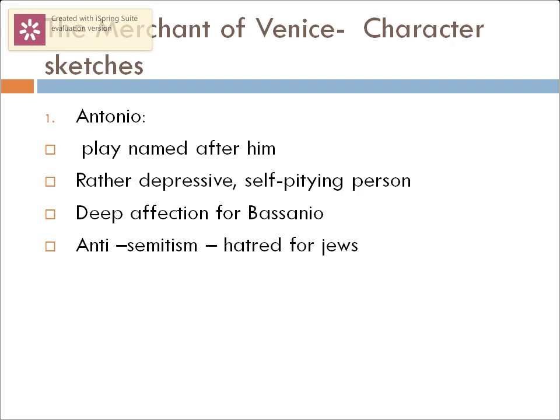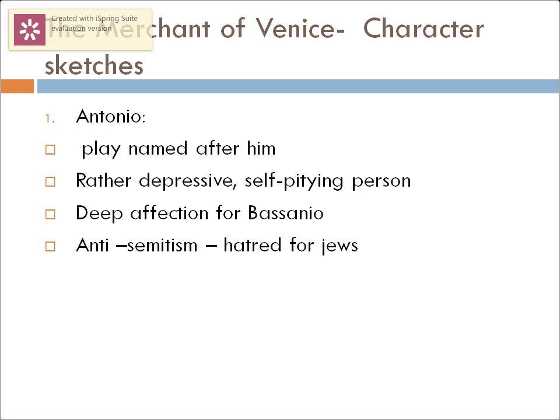Now, let us look at the main characters in the play. Now we find Antonio. Even the play is named after him. The play is called Merchant of Venice. But he seems to be a rather depressive, self-pitying person. He's always melancholic in nature, though he has very deep love and affection for his friend Bassanio, and he doesn't even care if he is asking money from an enemy, and he just signs the bond, even though that person is asking for a pound of his flesh.